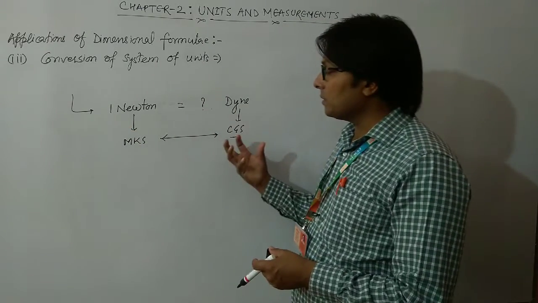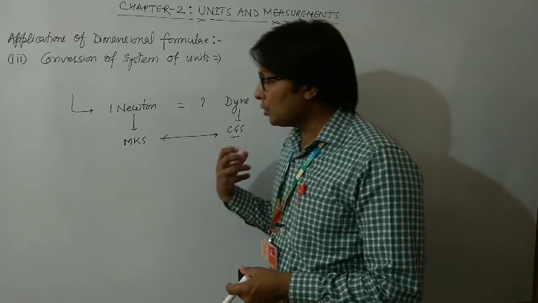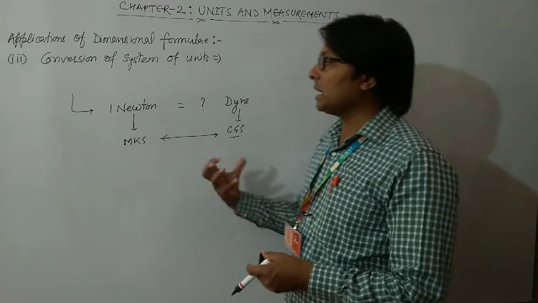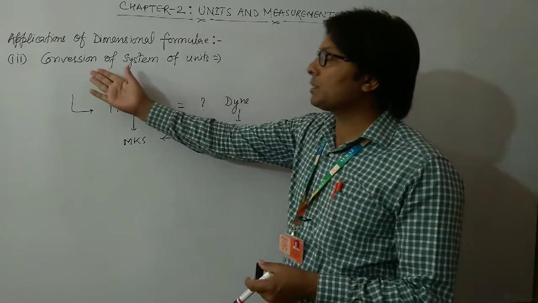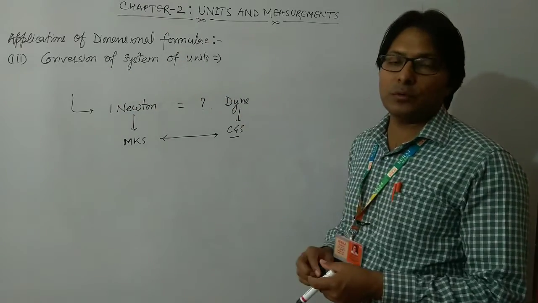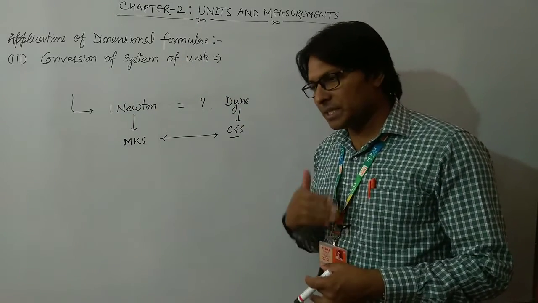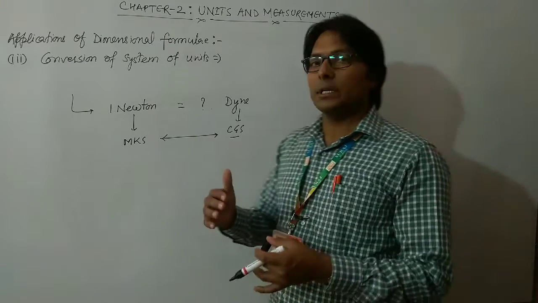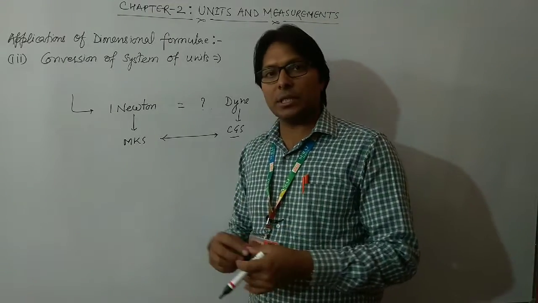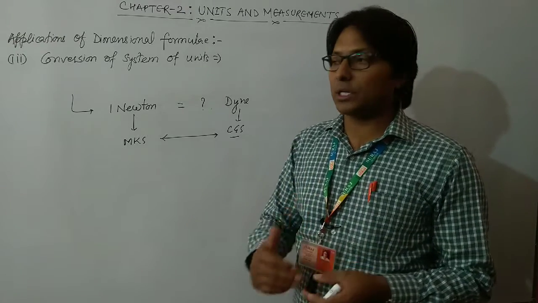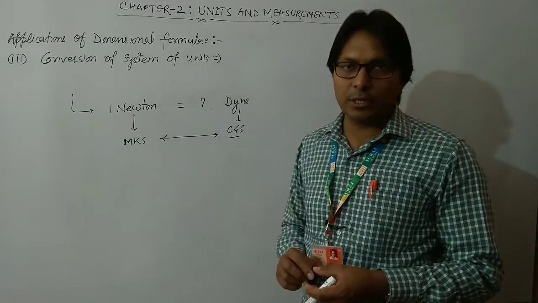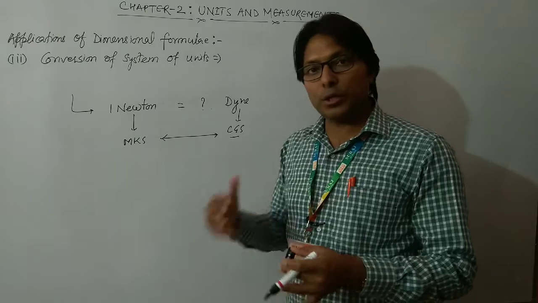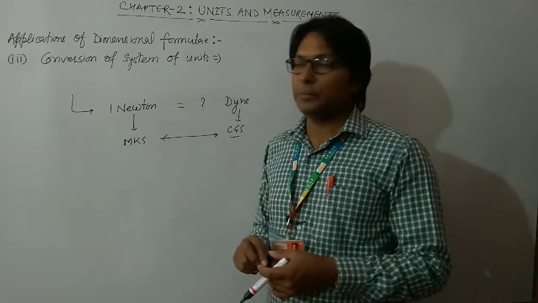But before that, you first need to know how to convert one system of unit into another, or what is the basic formula using which we can convert a physical quantity from one system of unit into another system of unit. This we are going to study in this topic.